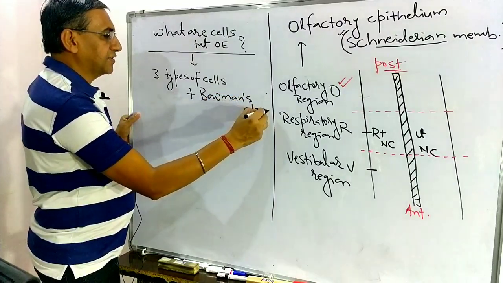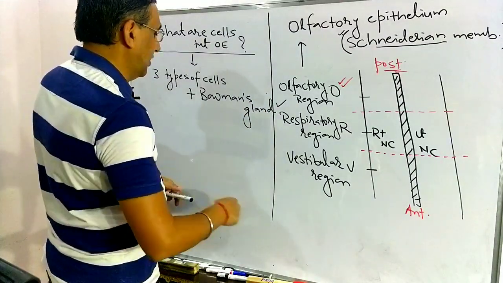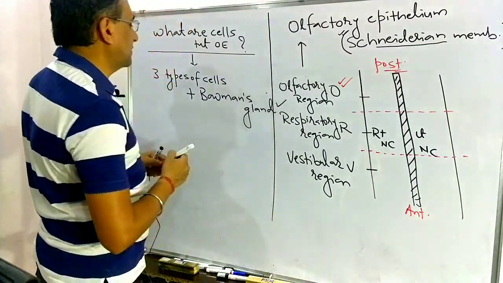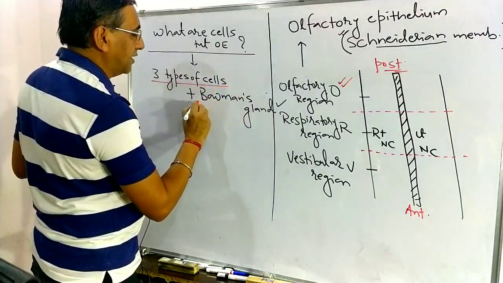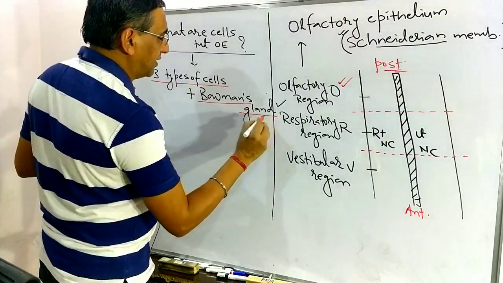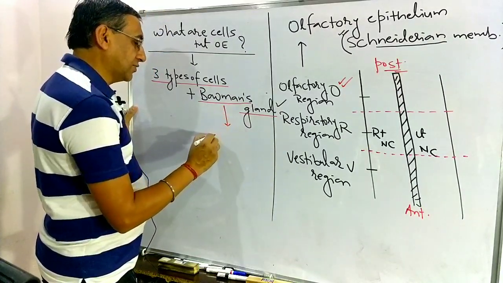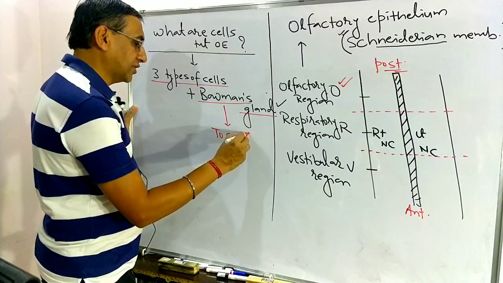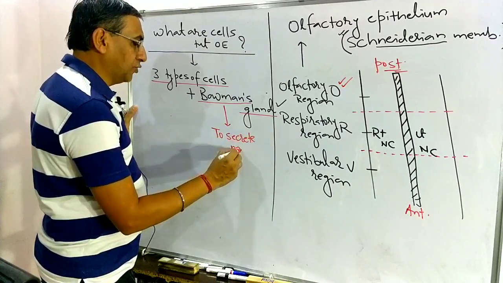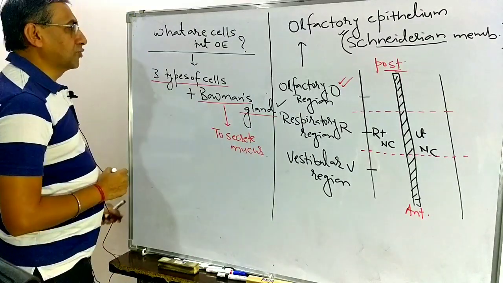It is a specific gland present in the nose. What is the function of Bowman's gland? Its function is to secrete mucus.